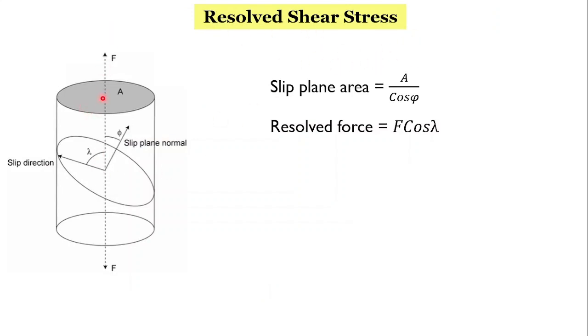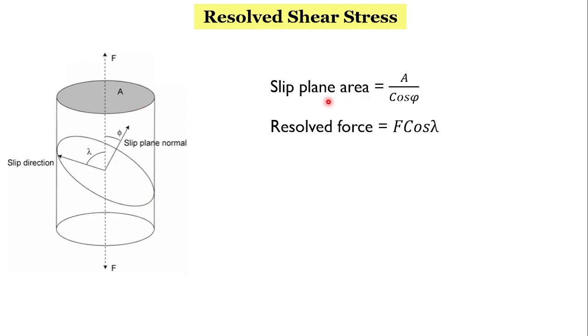Now this is our tensile loading direction, and this is the area which is normal to our tensile force direction. But our slip systems, that is a combination of slip plane and slip direction, may not be aligned to that area which is normal to the tensile direction. It may be at some angle.